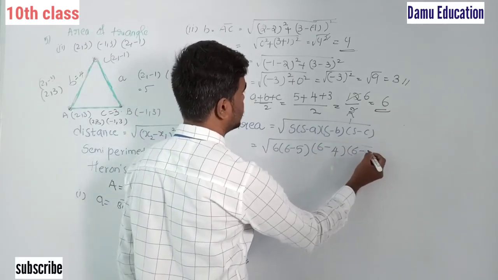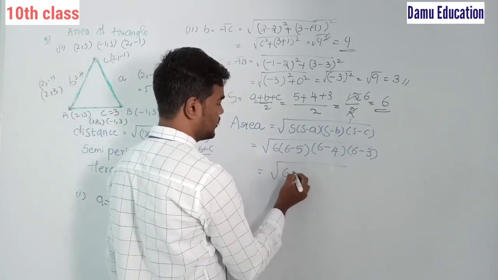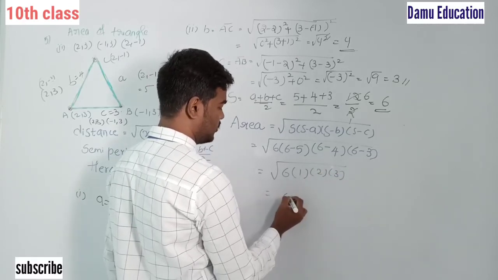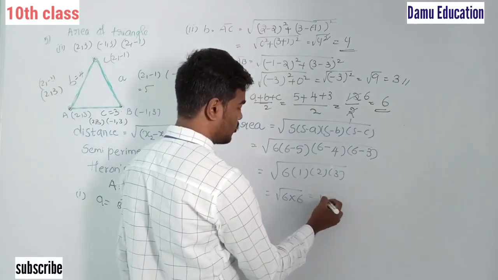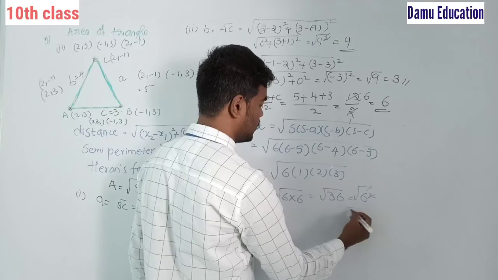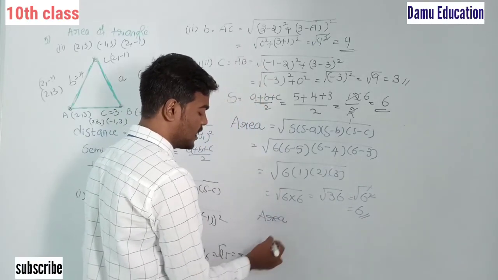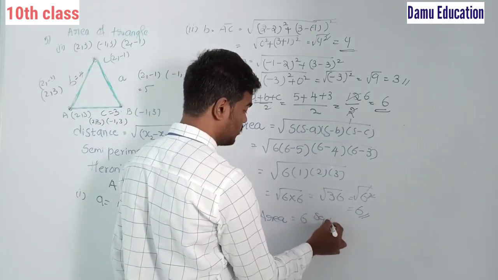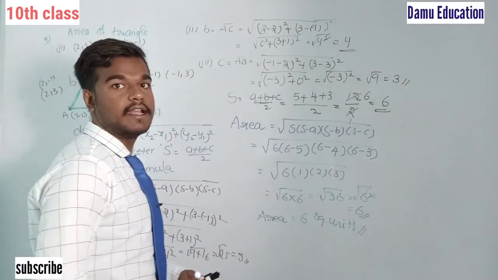Then 6 minus 3. So what value will we get? 6 into 1 into 2 into 3. So 6 into 6, 2 3s are 6. That will be equal to square root of 36. 6 square, you can write here only 6. So the area of the triangle with the coordinates will be equal to 6 square units.